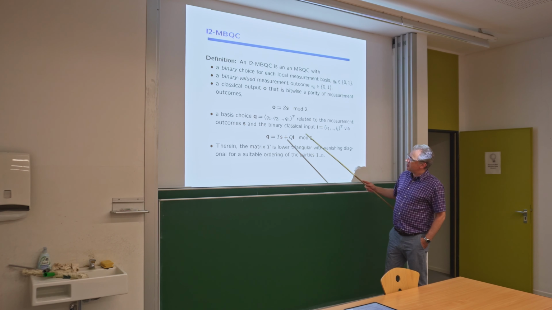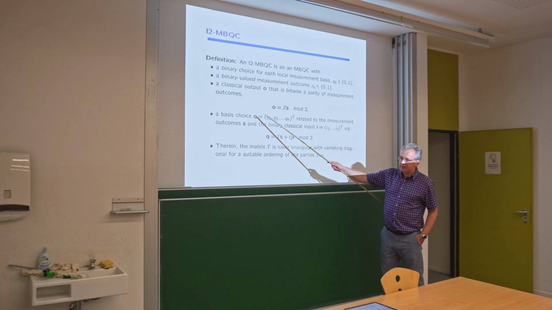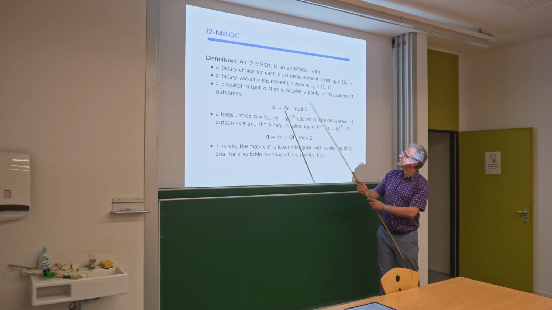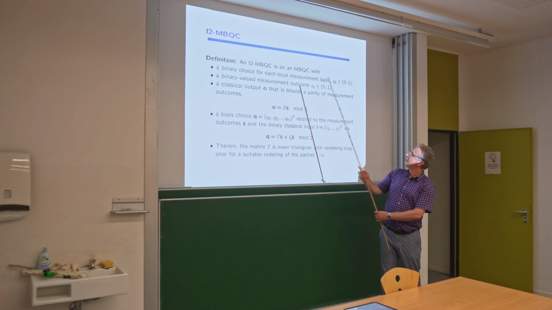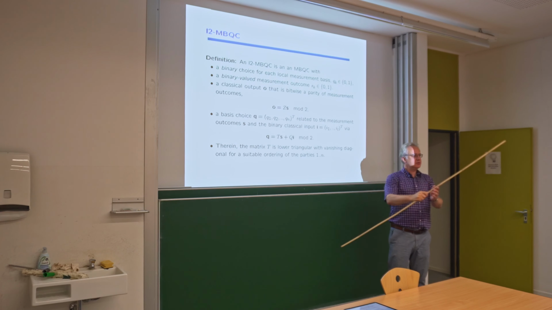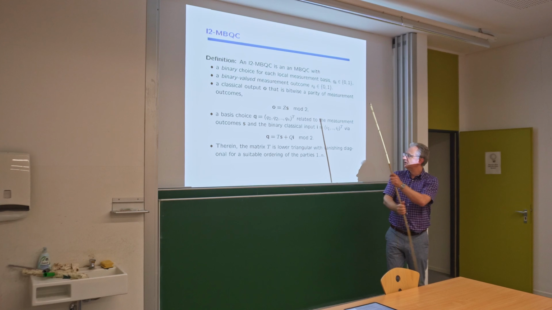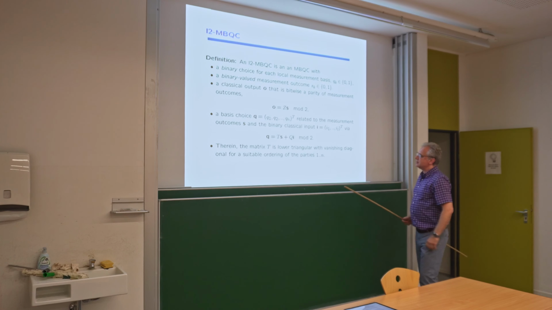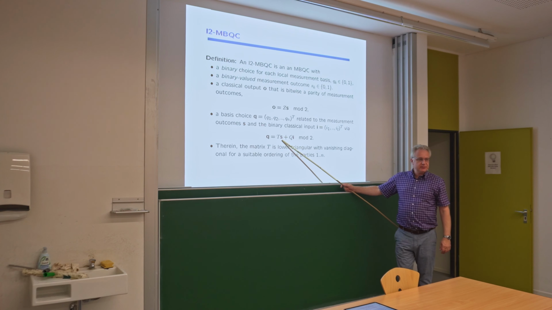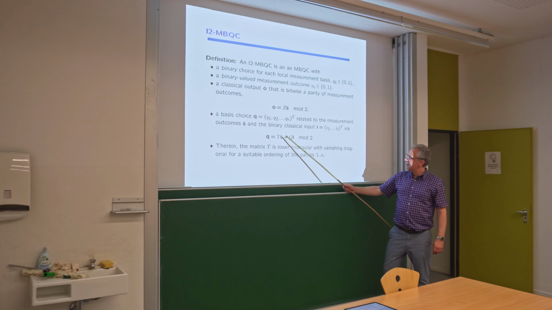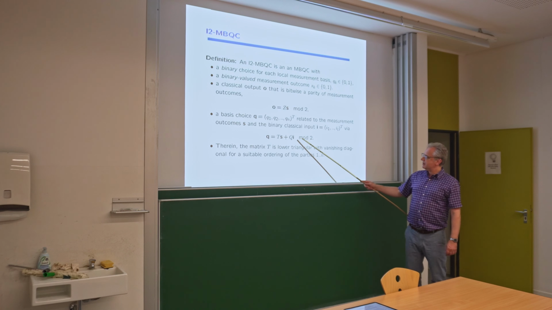Likewise, we have a relation for the choice of measurement basis. First item, a binary choice of measurement basis, like so or so. That depends on previous measurement outcomes, exactly in the way we have seen, a linear relation, mod 2. But then what also comes in here is the input.